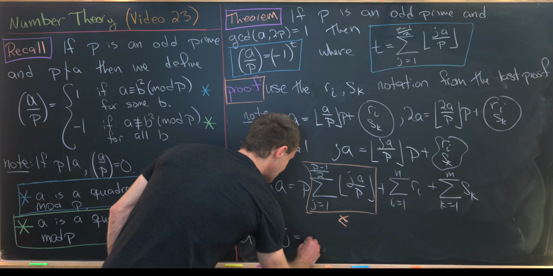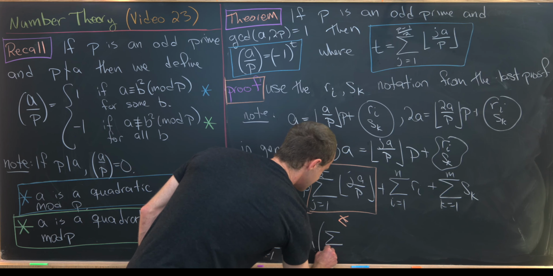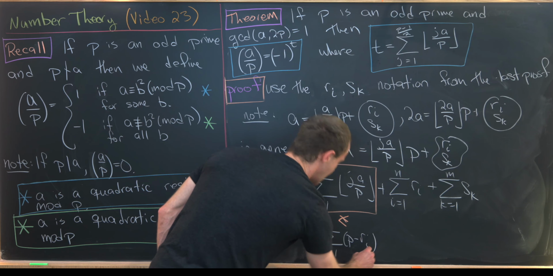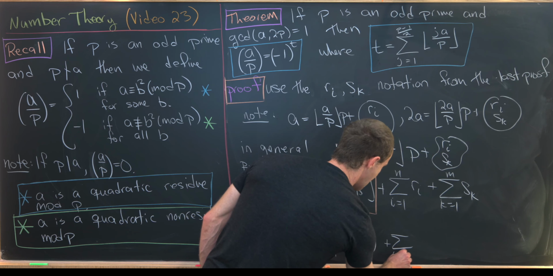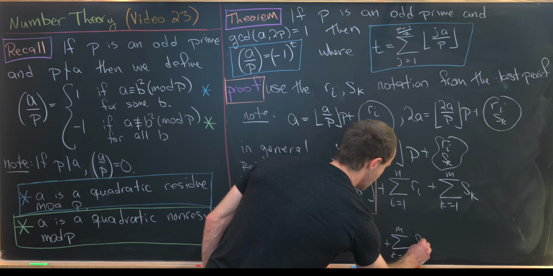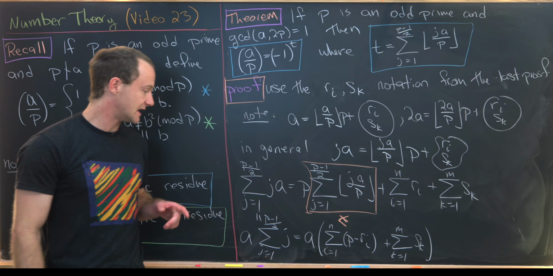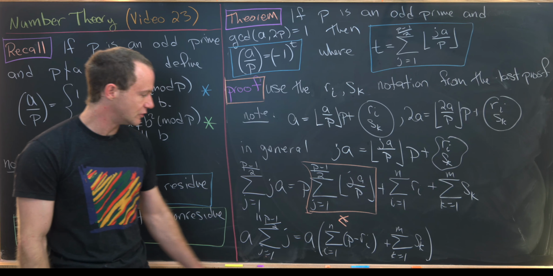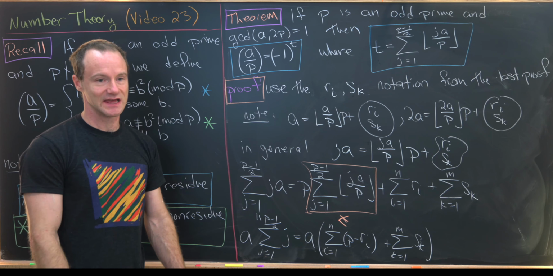So that means we can write this as a times the quantity, the sum as i goes from 1 up to n of (p minus r_i), plus the sum as k goes from 1 up to m of s_k. Again, that's because everything in the list 1 to (p minus 1)/2 was either p minus r_i or it was one of the s_k's.